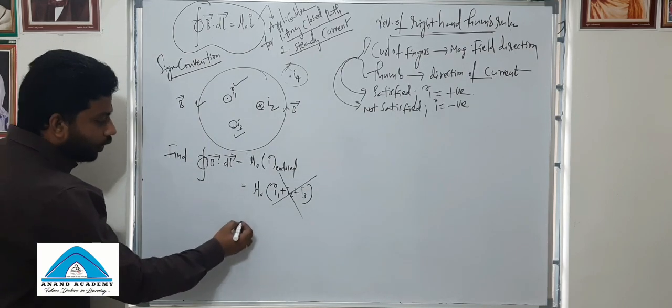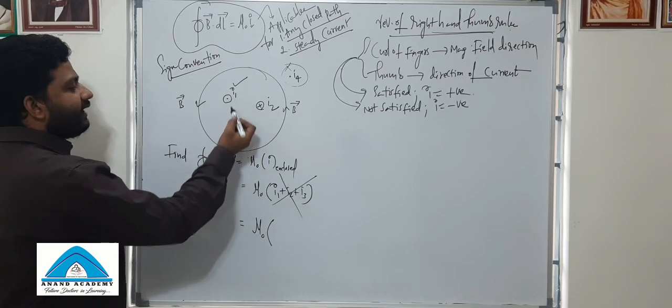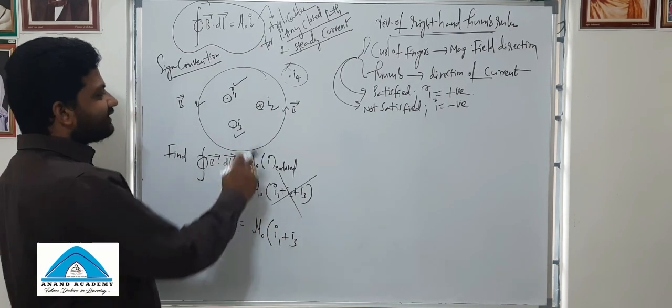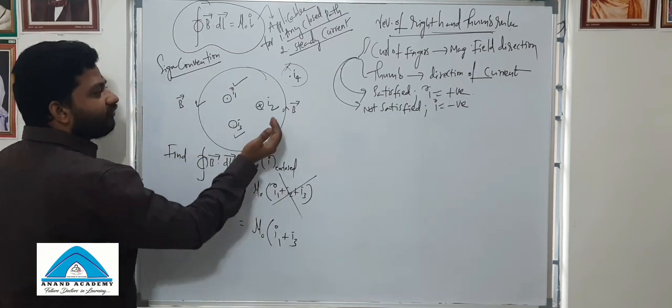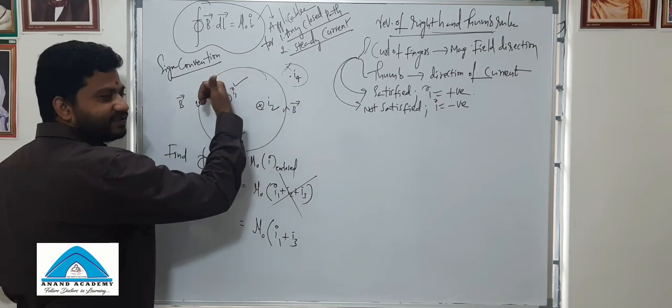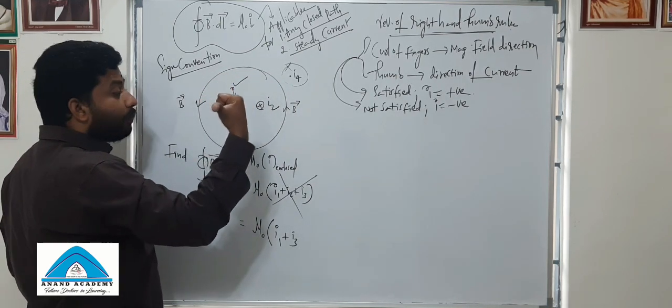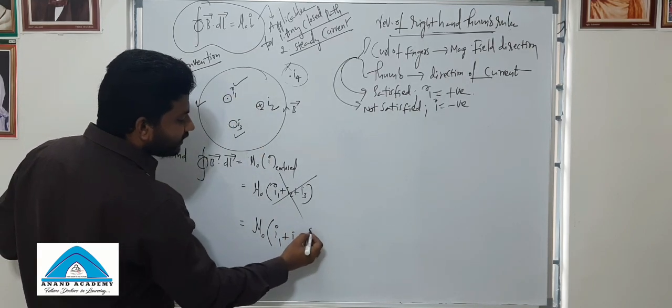Now, which is mu naught into, what are the positive currents here? I1 plus I3, and this current is into the plane. You can carefully see here. If I place the curl of the fingers in this direction, then outwards must be the current direction, but this is inwards, so that indicates I2 is negative.